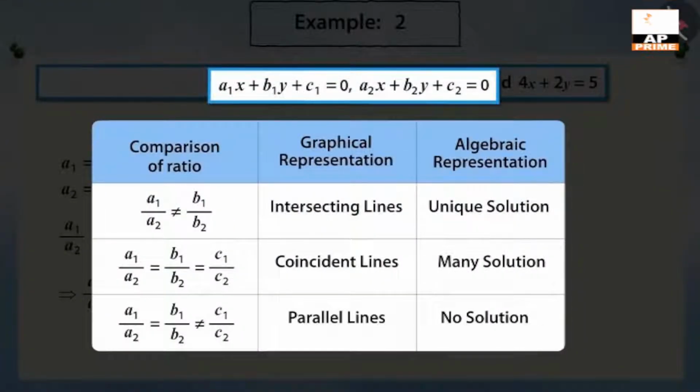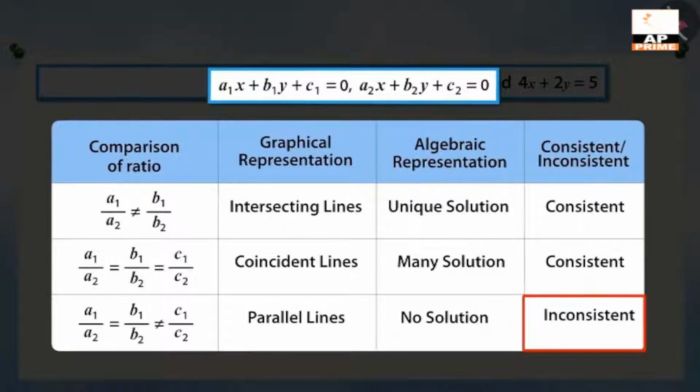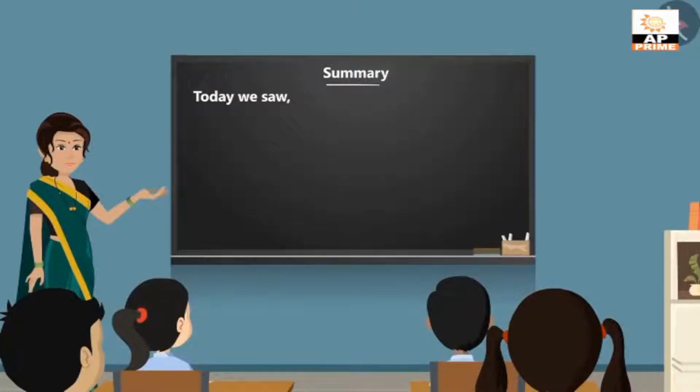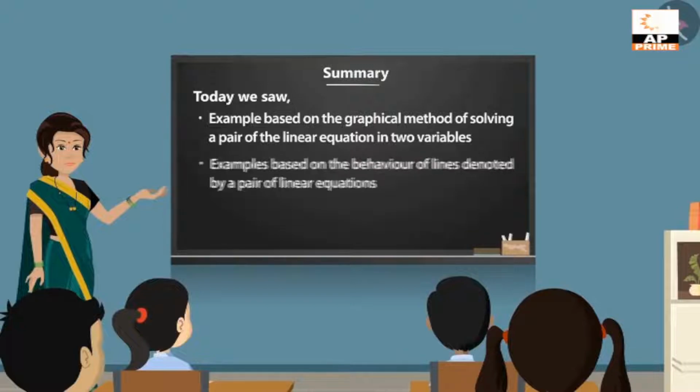Because this pair of linear equations does not have a solution, it is an inconsistent pair of linear equations. Today, in this video, we saw some examples based on the graphical method of solving a pair of linear equations in two variables and the behavior of the lines denoted by the pair of linear equations. In the next video, we will see a few common mistakes that can occur while solving these types of questions.